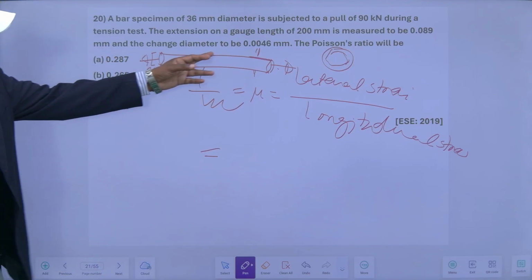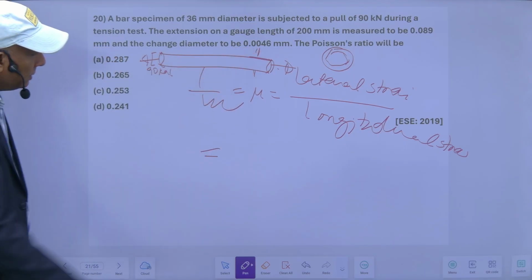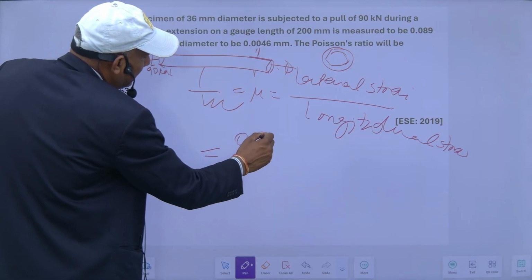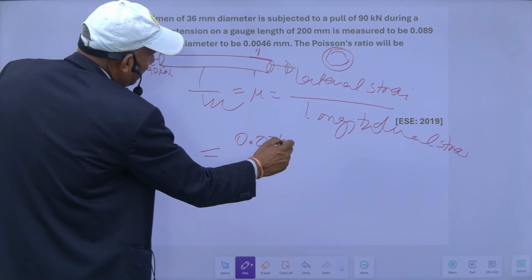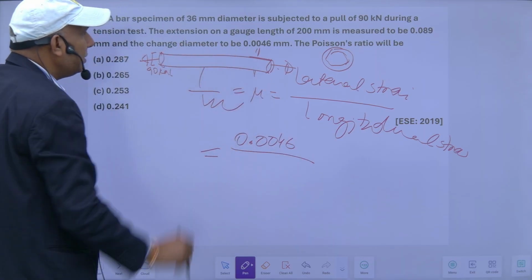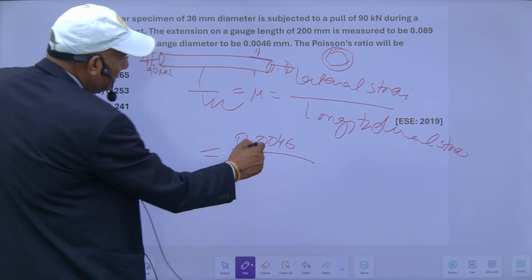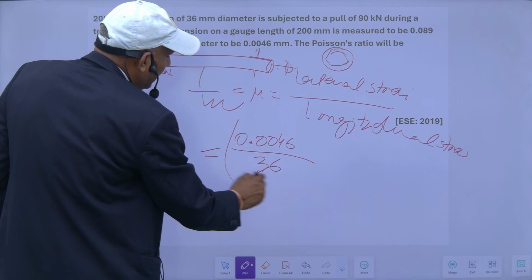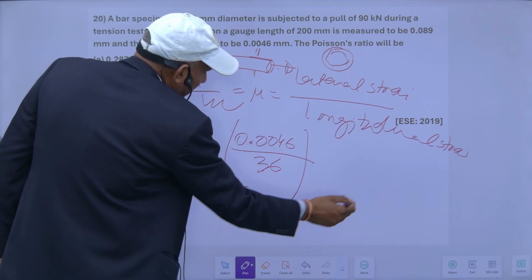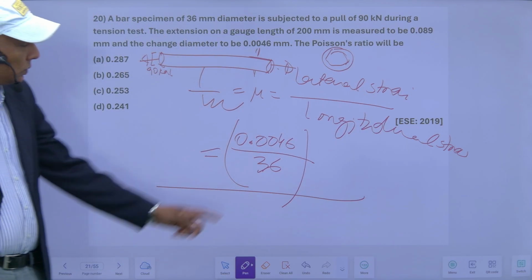So it will elongate in this direction, and laterally its diameter will be reduced. So in this case, this will be my lateral strain. So change in diameter is equal to this one. Lateral strain means change in diameter upon its original diameter, which is 36, divided by longitudinal strain.